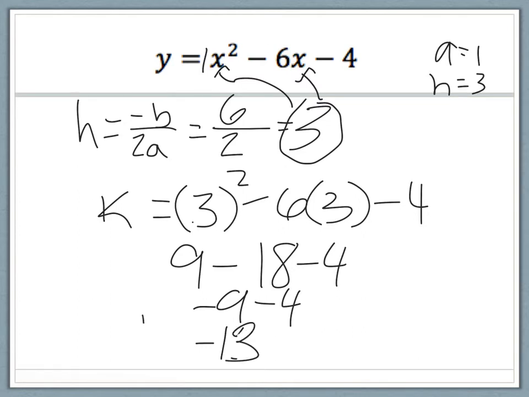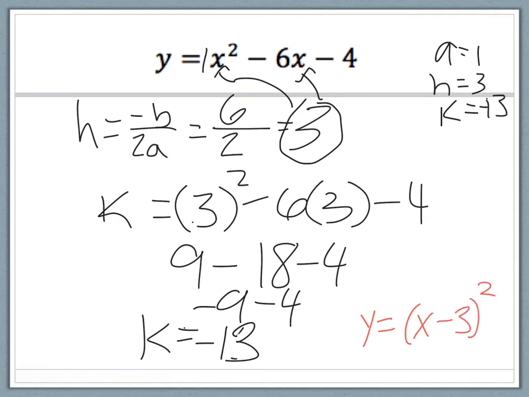And that's our k value. So now, since we have our a, h, and k, we can go ahead and plug in our numbers. So we have y equals 1, or I could just put nothing there since it's just 1, (x minus 3) squared minus 13. And there is our equation in vertex form.